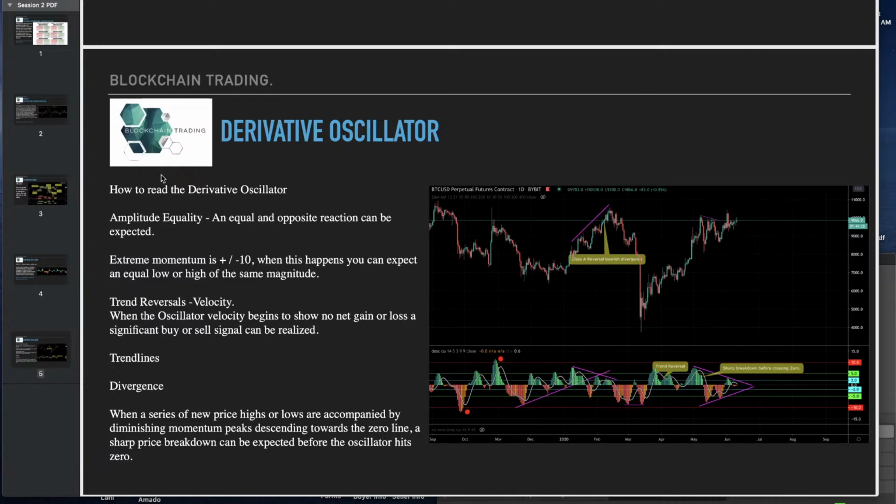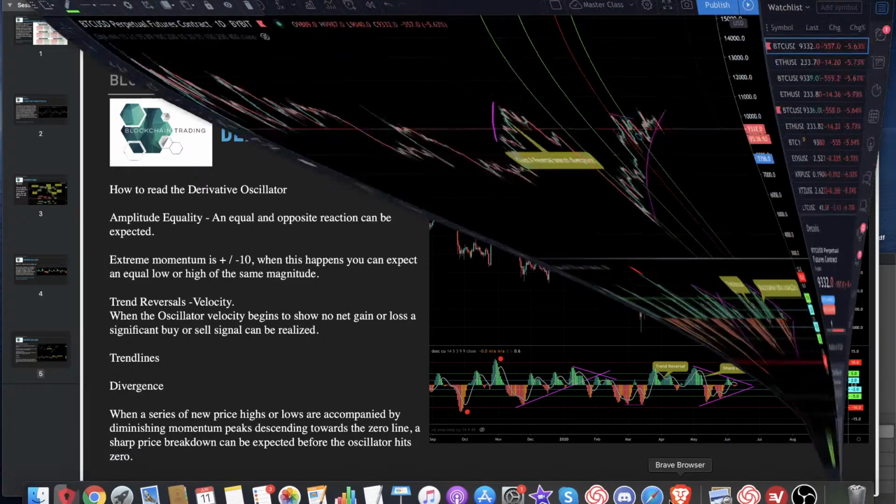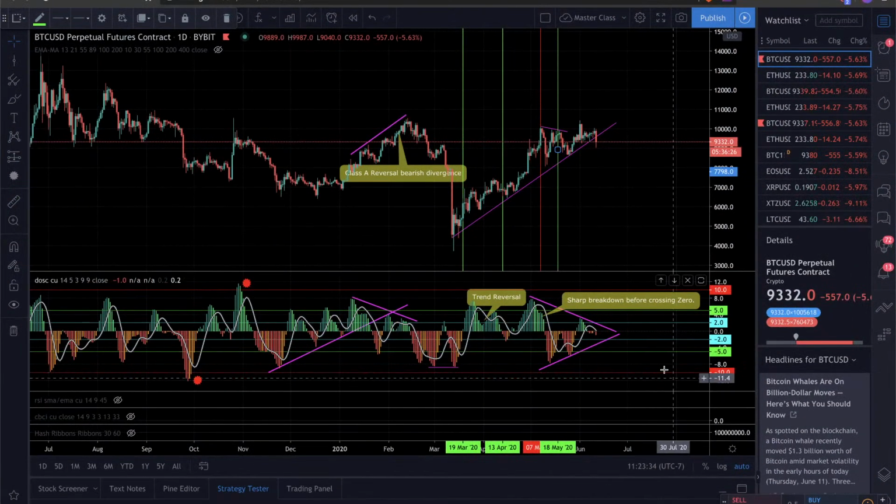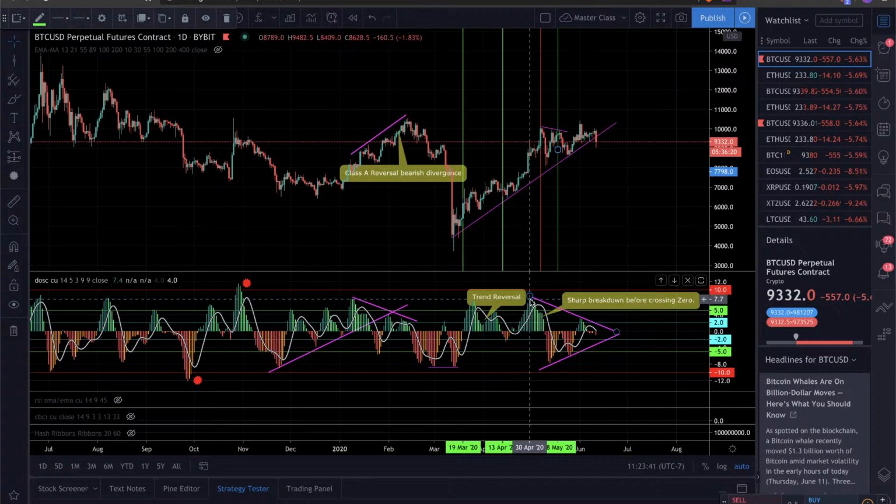A great example of what I mean by that is right here. We can see that the oscillator peaked right here, and then it started to taper off. However, the price action continued to go upwards.